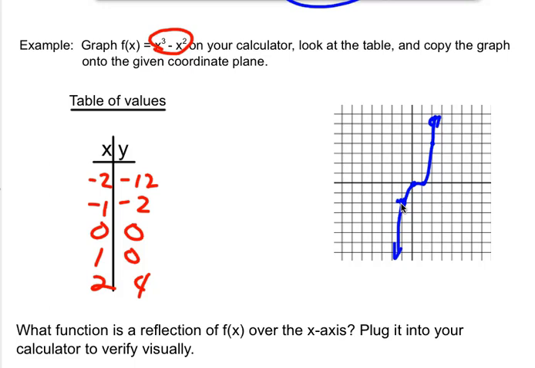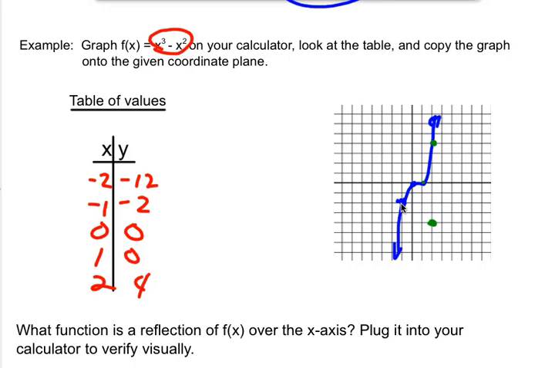All right. What function is a reflection of f of x over the x-axis, or in the x-axis? Plug it into your calculator to verify visually. Well, when you want to reflect over the x-axis, I mentioned that earlier, that simply takes this point here and moves it down here. Okay, so instead of being at 2, 4, we want to be at 2, -4.